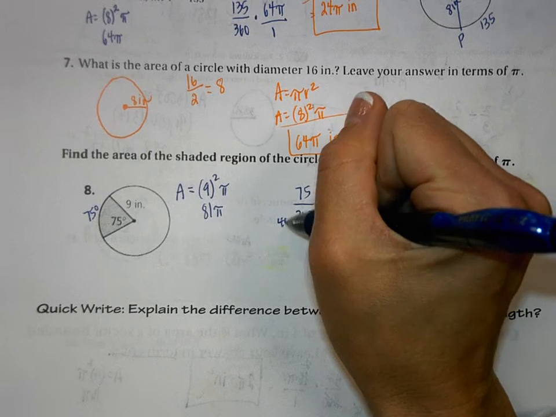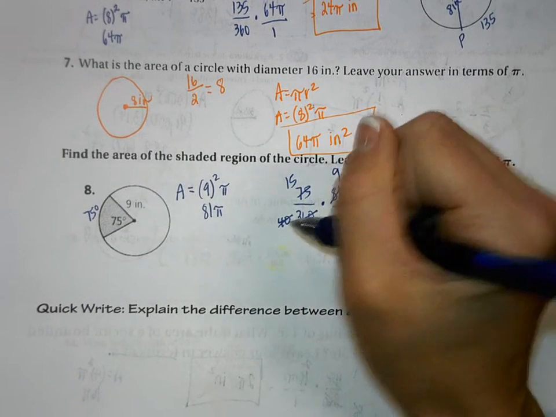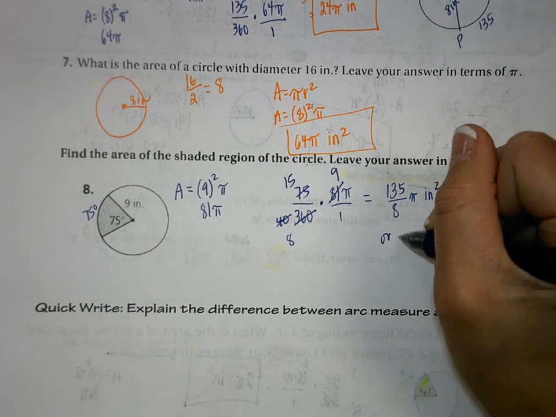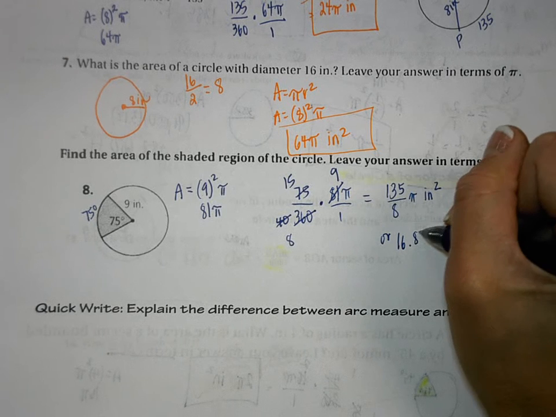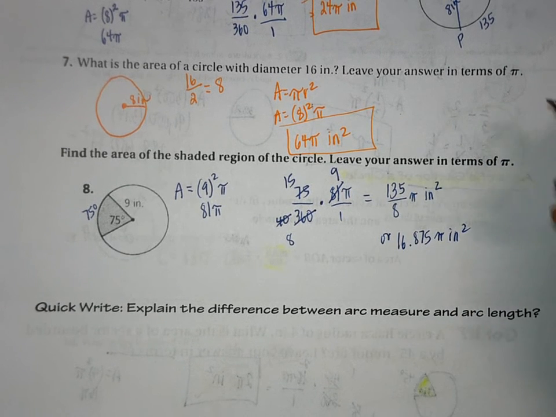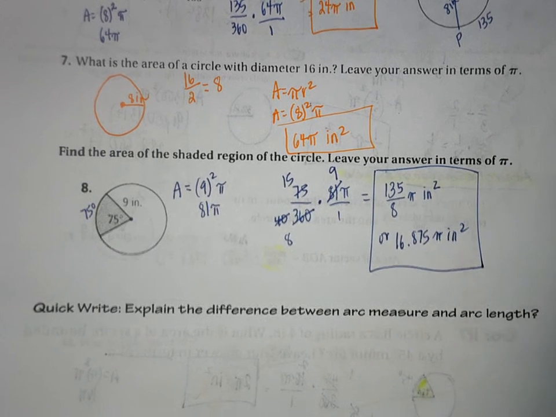Then you could divide by 5, and you get 15, and this becomes 8. And then you can't reduce anymore. Okay? Or, as a decimal, it was 16.875 pi inches squared. If you rounded, that was okay too. Either of these answers is acceptable.